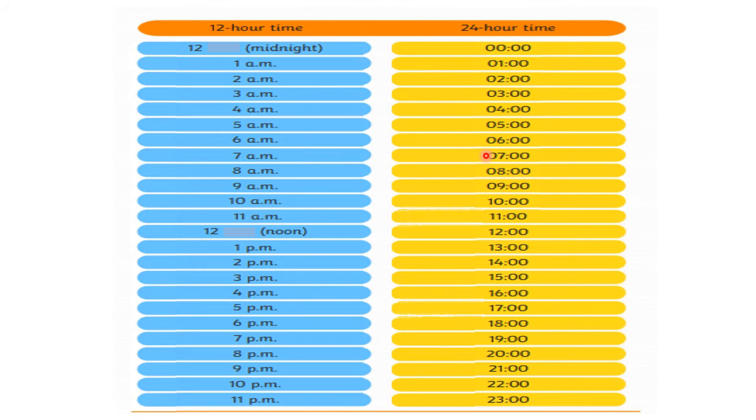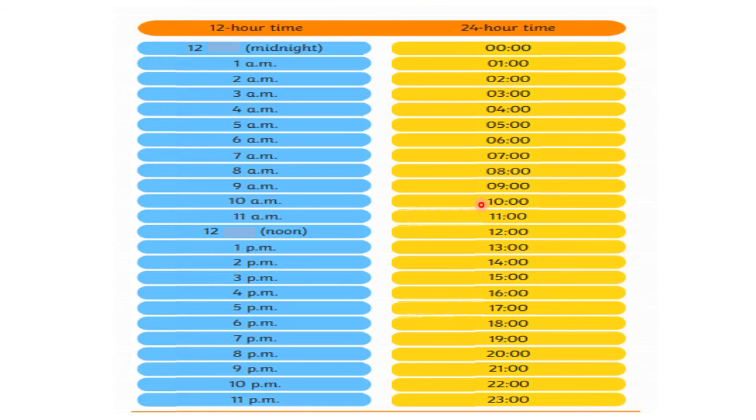7 a.m. is written as 0700 hours. 8 a.m. is written as 0800 hours. 9 a.m. is written as 0900 hours. 10 a.m. is written as 1000 hours.